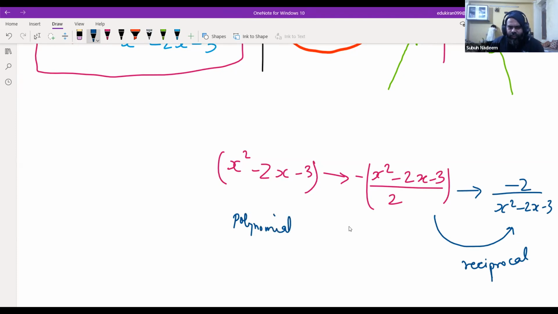Then we change this polynomial to another polynomial because the required graph which we have to sketch is not the reciprocal of this one. It is the reciprocal of another polynomial. So from this polynomial, we draw this polynomial. Now from this polynomial, we draw this reciprocal rational function. It is not a polynomial anymore. It is a rational function.